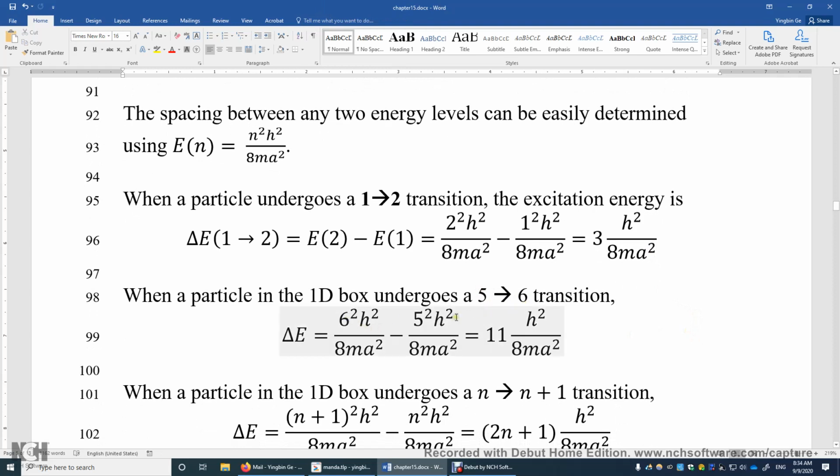We plug in 5 and 6. 6 squared is 36. 5 squared is 25. So we know the excitation energy is 11h squared over 8ma squared. Again, if this transition is induced by a photon, you're looking at the photon energy right here. And also you can easily determine the wavelength and frequency of that photon.